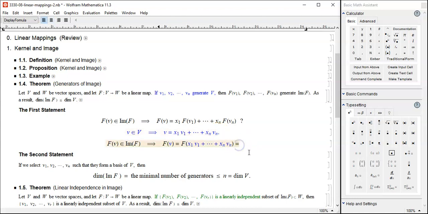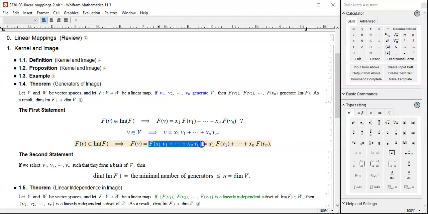Now we can use the property of the linear map. I can just copy and paste this part. And is this true?